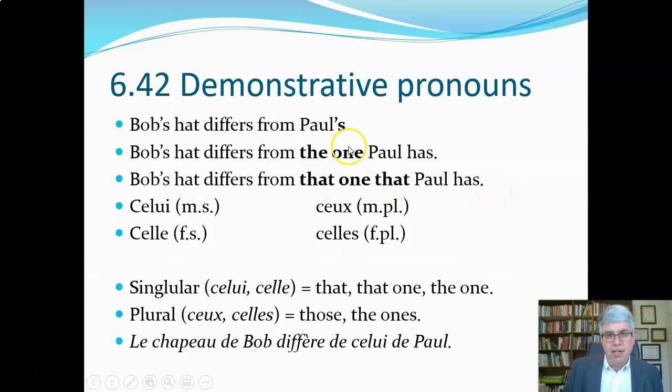So that's everything when we say Paul's. When we just use Paul with the apostrophe S, what we're really talking about is that one that Paul has. So there's a lot of ideas that are included in that apostrophe S. So for that one, or the one, or that one that Paul had, that one, that, we're going to use these pronouns, celui, or celle in the singular, and in the plural we've got ceux and celles.